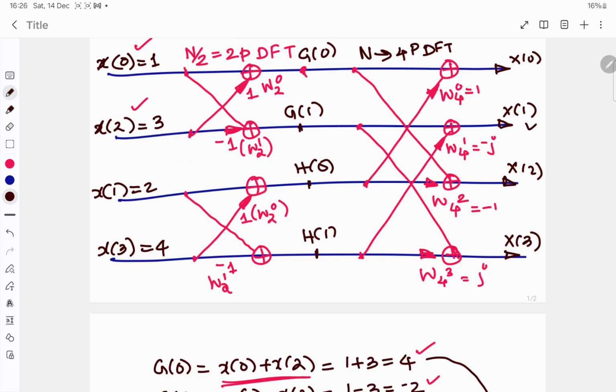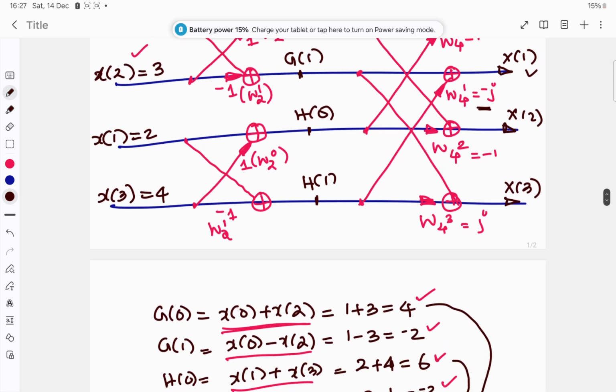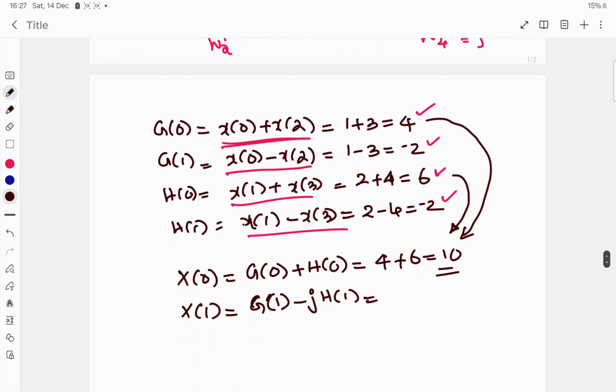Now x of 1 is obtained by adding G of 1 and H of 1 through the factor w4, which is minus j. So the x of 1 is obtained by G of 1 minus j into H of 1. So we'll get minus 2, which is G of 1. Then H of 1 is minus 2, while the total factor is minus j, so this will become minus 2 plus 2j.